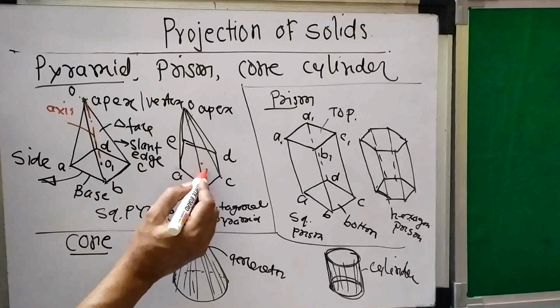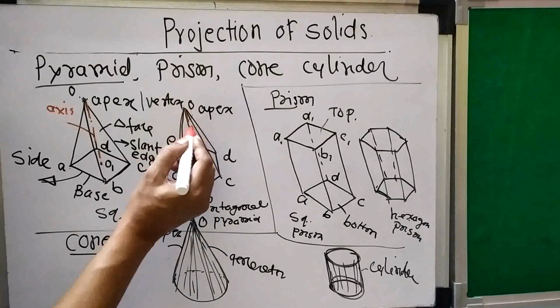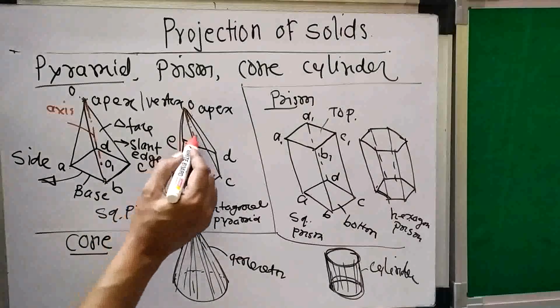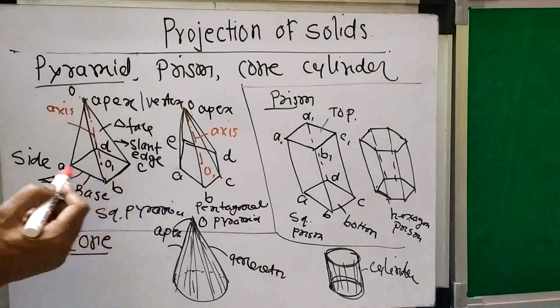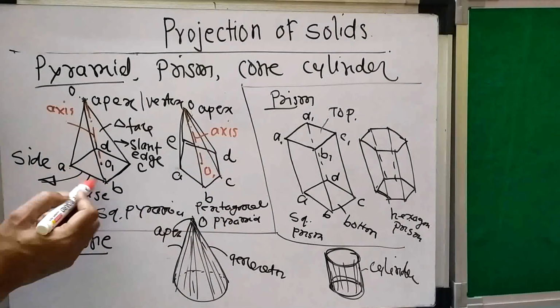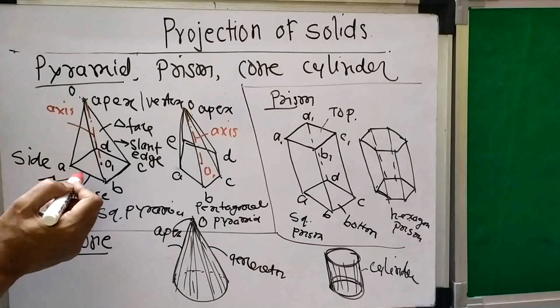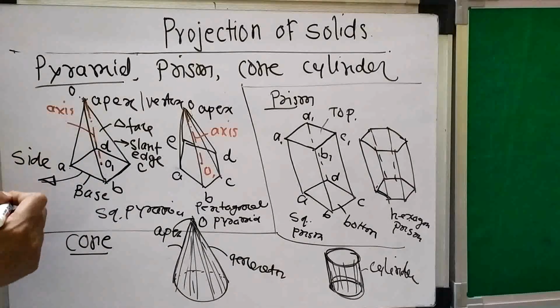Similarly here, if I have a center point of base O1, and if I join this O and O1, this will be its axis. So what are the parts of the solid? Either it will be edge of the base, it will be base, it will be triangular face, it may be a slant edge, it may be axis.